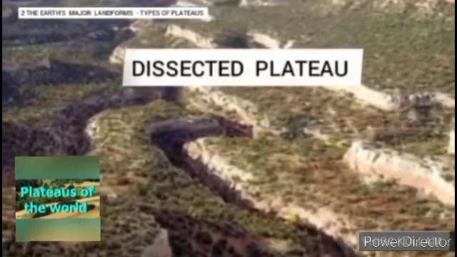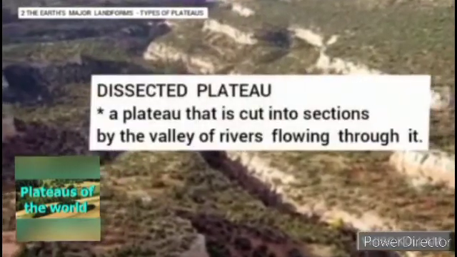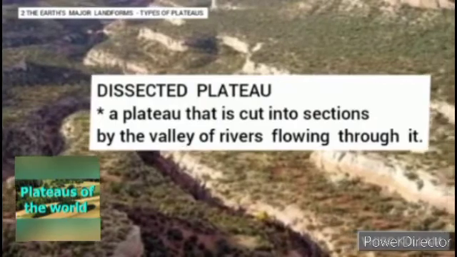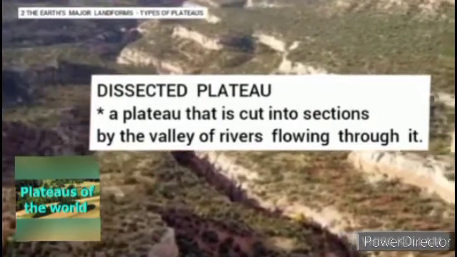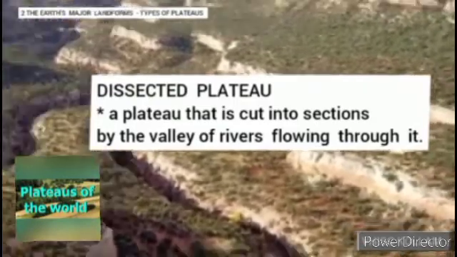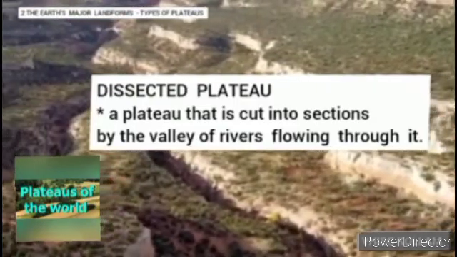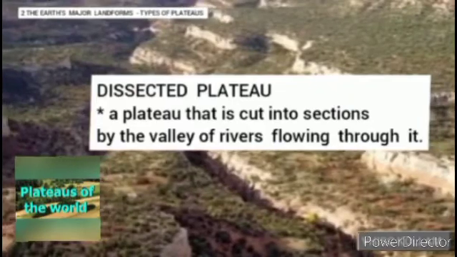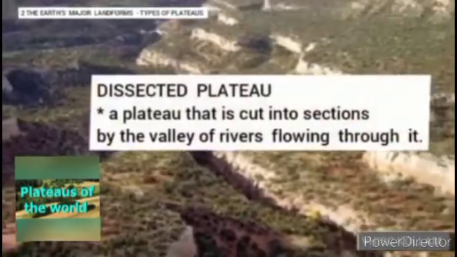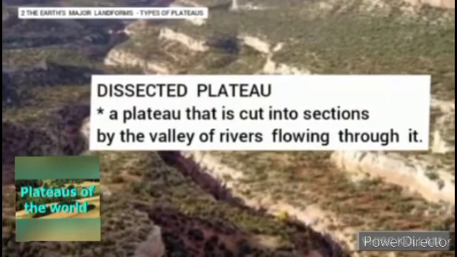Dissected plateau: a plateau that is cut into sections by the valleys of rivers flowing through it. Dissected plateaus are highly eroded plateaus because they are cut by rivers and broken by deep, narrow valleys. These plateaus are formed due to the continuous process of weathering and erosion.